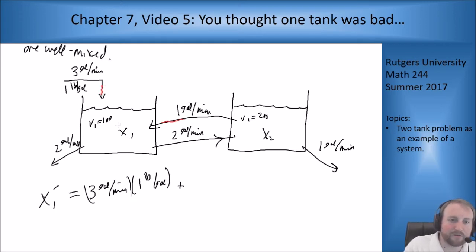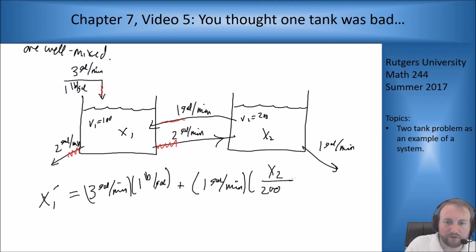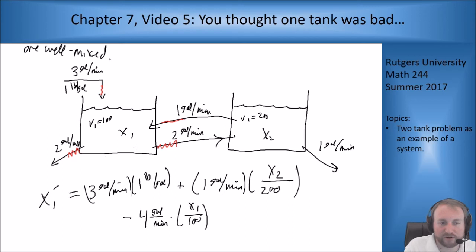And then we have outflow streams for tank 1, these two down here. So inflow is that plus 1 gallon per minute times X2 over 200, which is the concentration of the salt in the second tank, and then minus a total of 4 gallons per minute times X1 over 100 for the concentration in tank 1, because the two outflow streams do the same thing, so I can just put them together to get 4 gallons per minute.